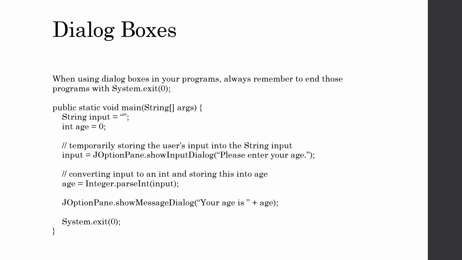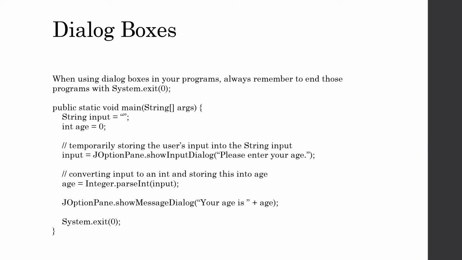And then there's one last thing that I need to address. Whenever we're using dialog boxes in our programs, there is one extra line of code that we need to make sure we include at the very end, which is going to be the System.exit(0). If you're familiar with this concept of exit codes, you might normally see an exit code of something like -1 that would indicate some kind of error had occurred.